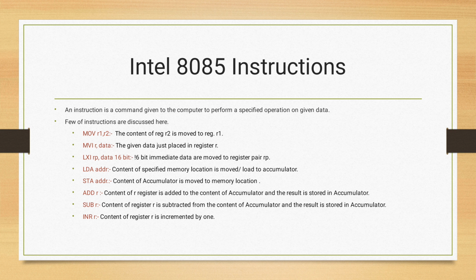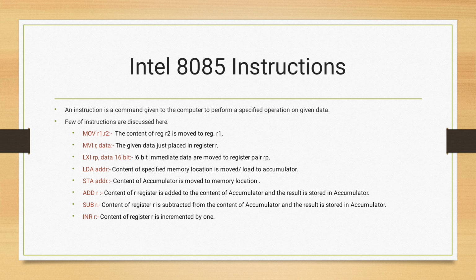The first one is MOV R1, R2. So what does it mean? MOV means move, and R1 and R2 represent arbitrary registers of the Intel 8085 microprocessor. So what is the basic principle of this instruction?